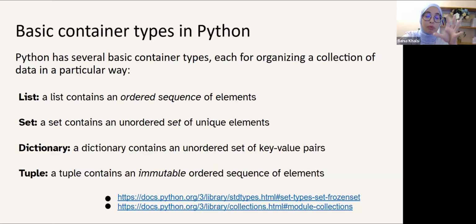For each container there are probably specialized libraries, for example for applications like sorting data in particular, but for now, let's just talk about these 4 types, and they're not that difficult to manipulate. You'll see with the notebooks.